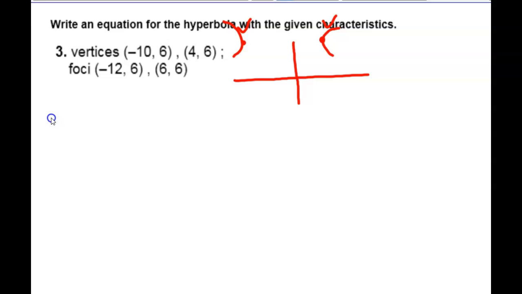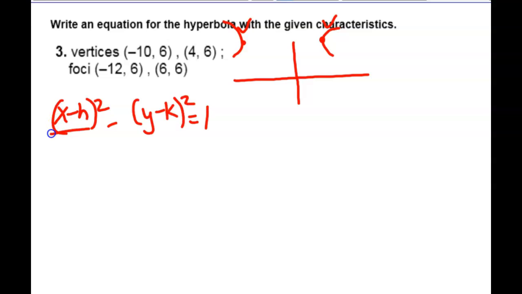So my general equation is going to be x minus h, y minus k, and over a squared and b squared. What else do you know just from those vertices? Can we find the center? The center is the midpoint. Some of you still find midpoint wrong, guys.